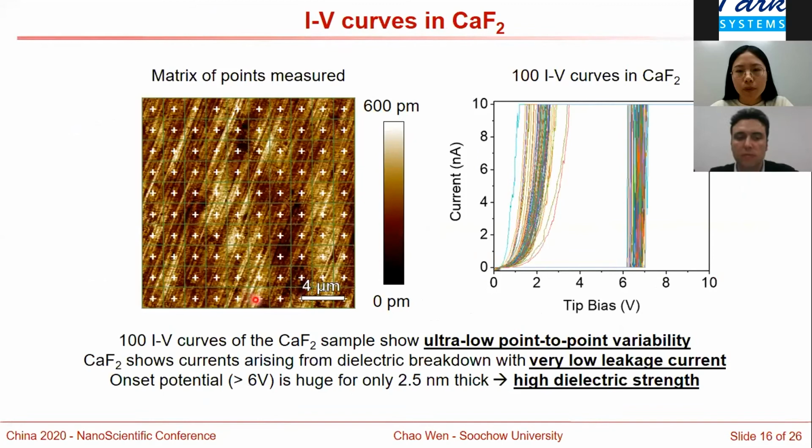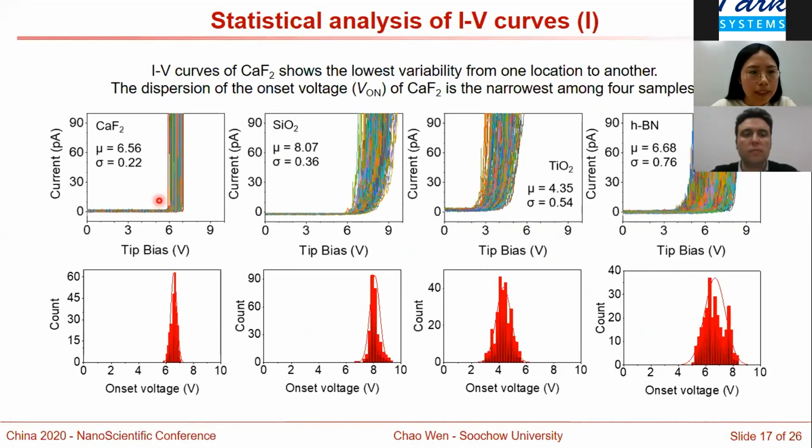Yes. So here, actually, if we look at page 17, it will be much clearer because here we zoom the current to show the current from 0 to 100 picoampere. In the previous slide, we showed current from 0 to 10 nanoampere. So in calcium fluoride, as we showed in the SThM image, we have different orientations, but these orientations merge into one another very smoothly.